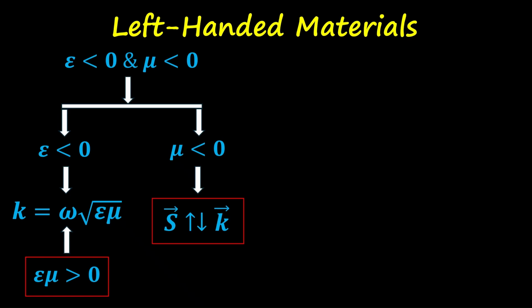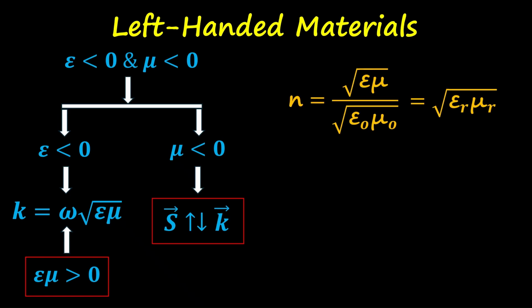Now let us recall the definition of refractive index. Refractive index depends on epsilon and mu. For left-handed material, there are two distinct features here. One is that the pointing vector is antiparallel to the phase velocity. Another is that for a traveling wave to exist, epsilon should be negative so that the product of epsilon and mu is positive.